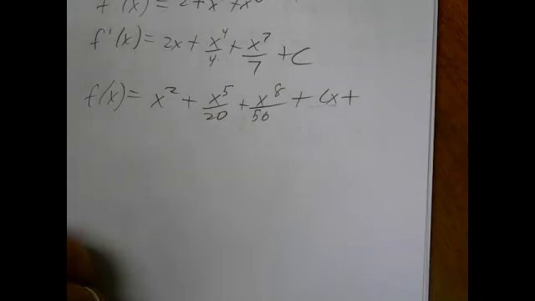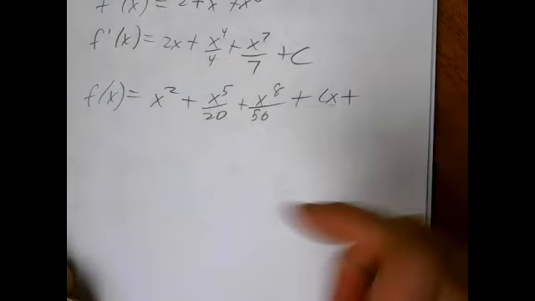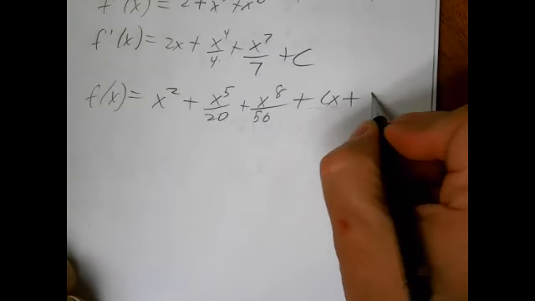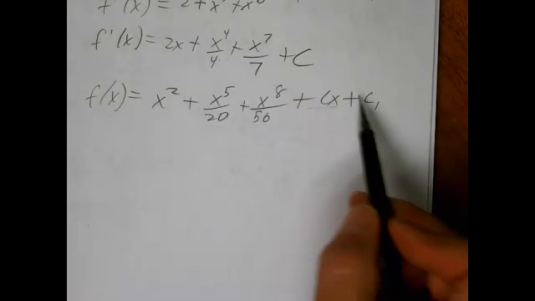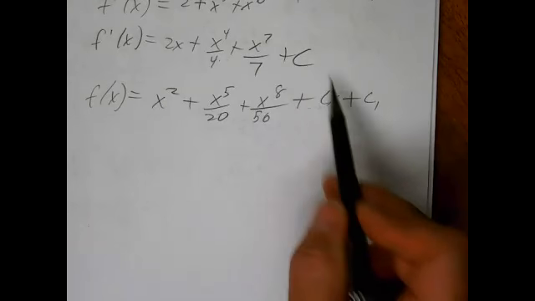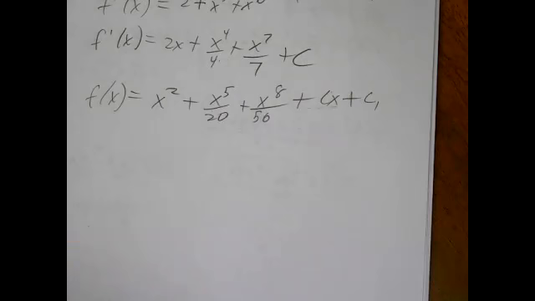And every time you find the antiderivative, there is a constant involved. So we use the notation C sub 1, or C1, to say that the constant from this antiderivative is not necessarily the same as the last. As a matter of fact, it's definitely not the same as the last. It can be done on second derivatives, and it can be done on third derivatives.